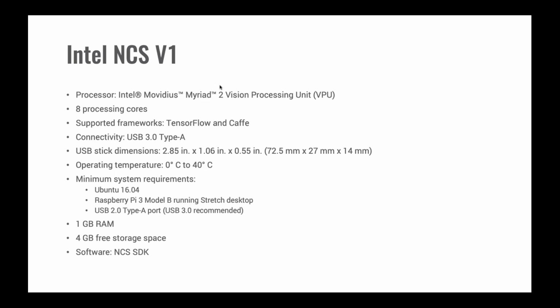It runs in two modes. One is you take a model and you optimize it, and this is typically done on an Ubuntu 16.04 box. So you need to install what is called the Neural Compute SDK, and this SDK runs on an Ubuntu 16.04 box, and there you're actually using the tools that are responsible for converting an existing Caffe or TensorFlow model into a graph that is understood by the Intel Movidius SDK.